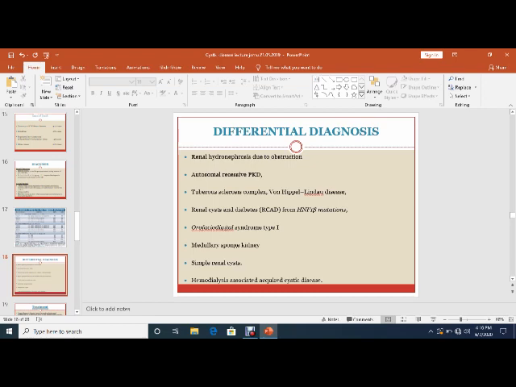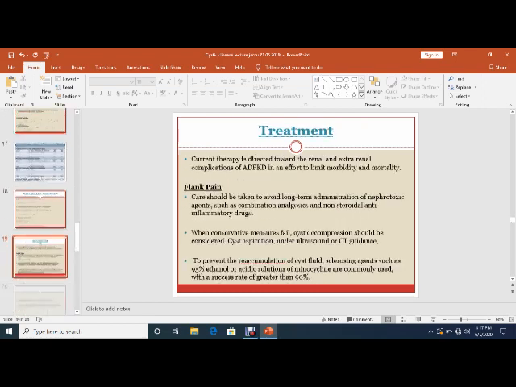One is renal hydronephrosis due to obstruction, whatever the cause of obstruction, either stone, mass, malignancy, or compression. Then autosomal recessive PKD, tuberous sclerosis, renal cyst and diabetes. Then medullary sponge kidney, simple renal cyst, and hemodialysis-associated acquired cyst.